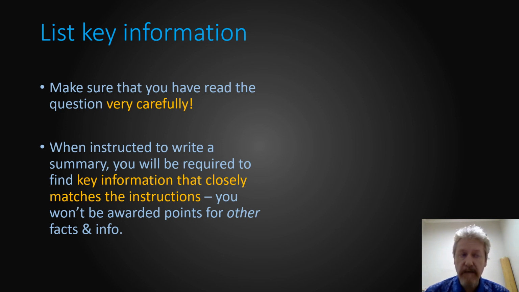There are a certain number of points that are awarded for a certain number of facts that you have taken from the text. If you choose other facts and put those into your summary, you won't be awarded points for those facts. The examiners are looking for the most relevant points. It's about how well you have read and understood the text and the question.